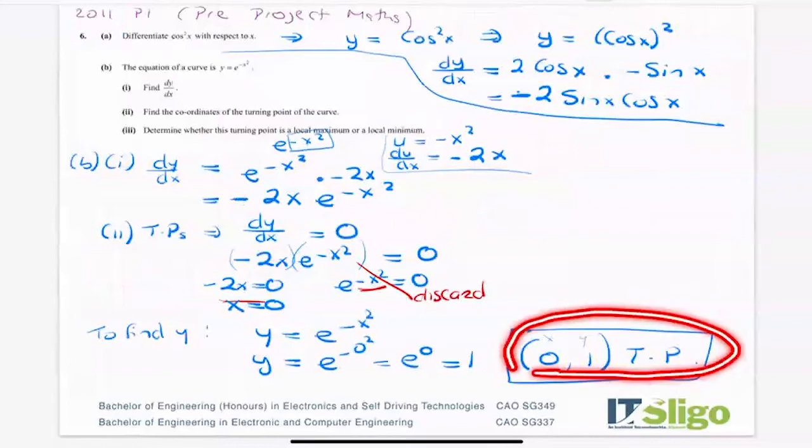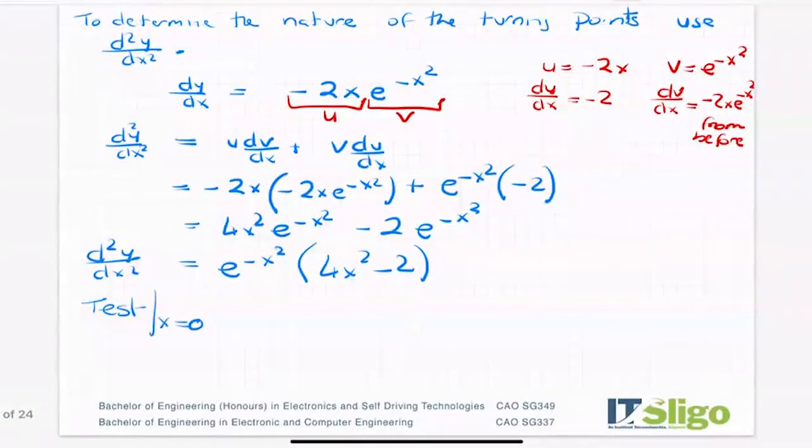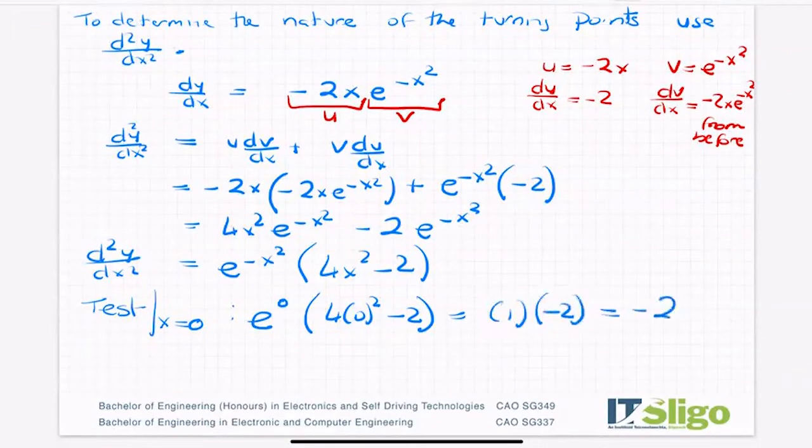I am testing the nature of this turning point, and it's the x coordinate I use for it. So to test it, you sub it into d2y dx squared, and you get e to the minus 0 squared, which is 0, 4 times 0 squared, which will all be 0. So that's e to the 0, which is 1. And in the bracket, I have minus 2. So I'm getting minus 2 for that.